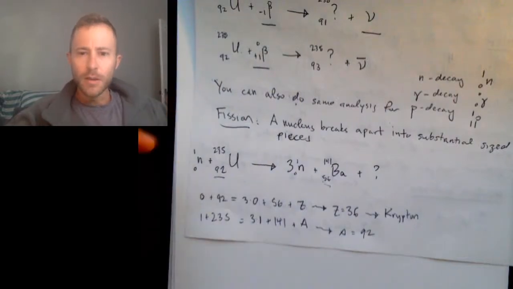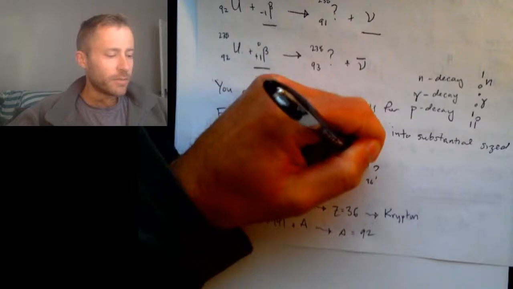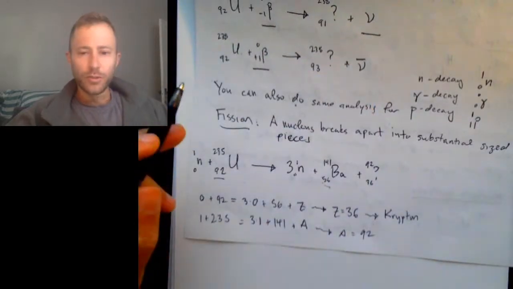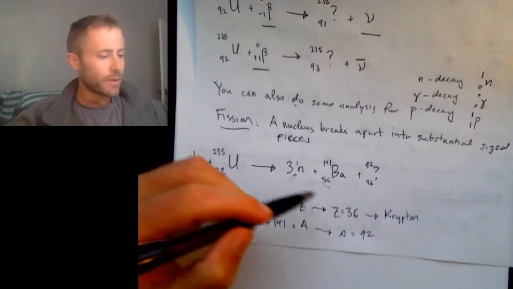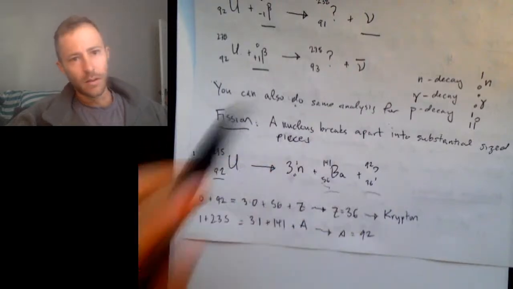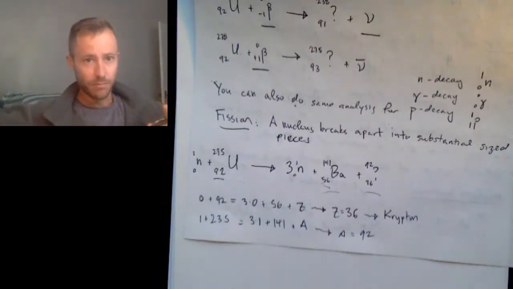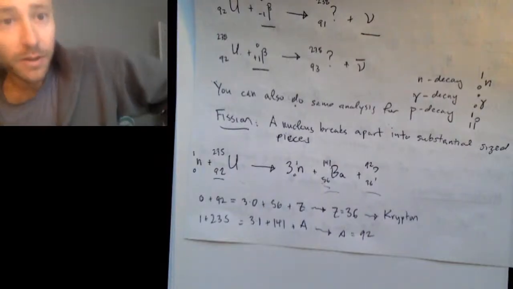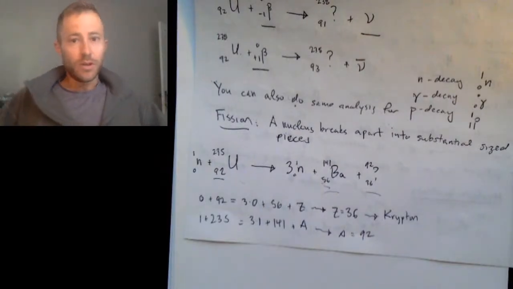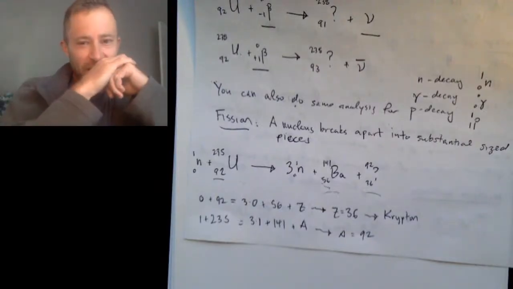Okay. So this is krypton 36, 92. So we can see we have 2 substantially sized products from that reaction, and so that would be called fission. All right. You can also have fusion, where you have particles being added to a nucleus.